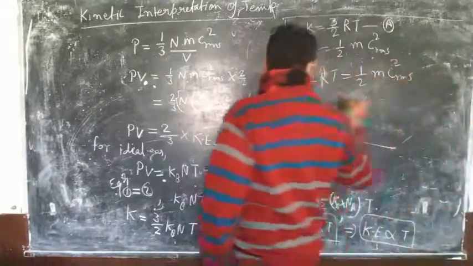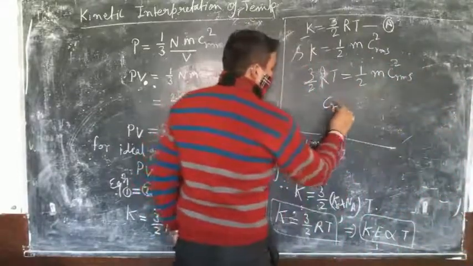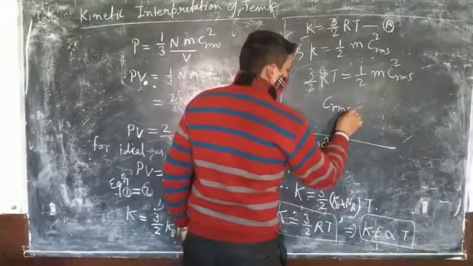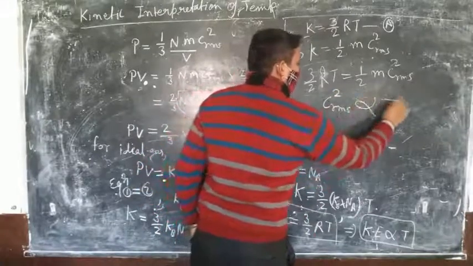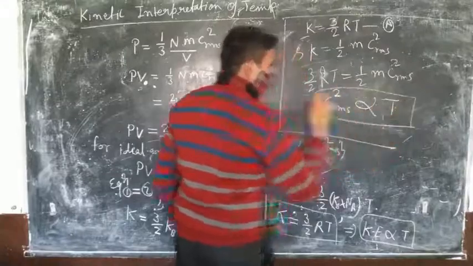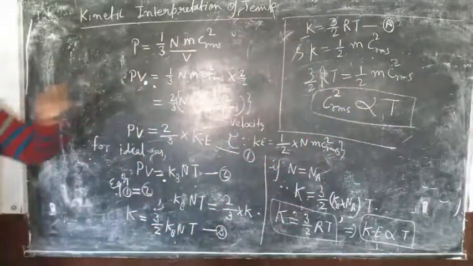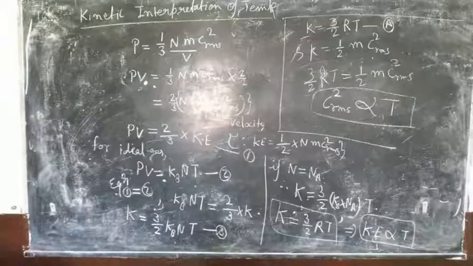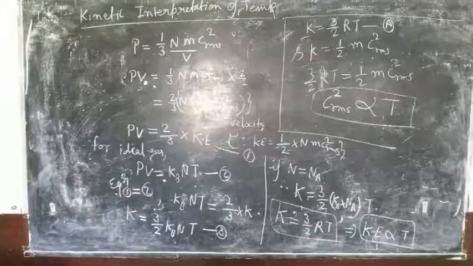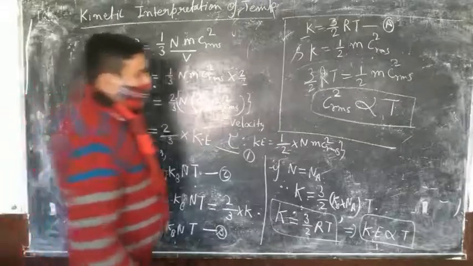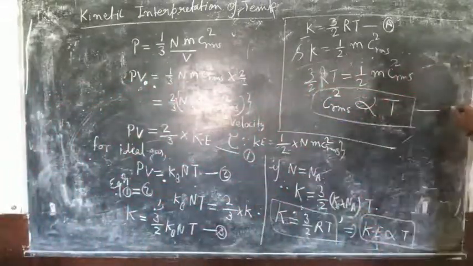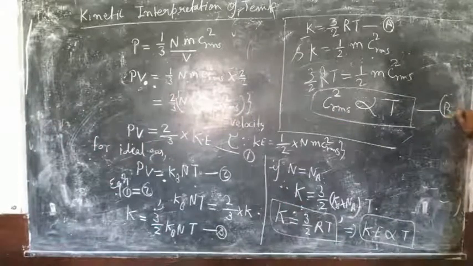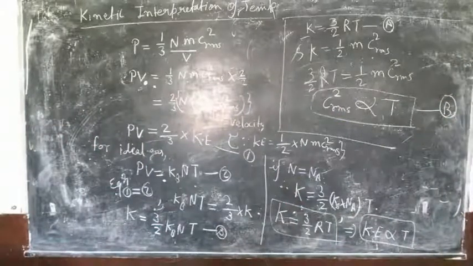So we can conclude from here that CRMS square is directly proportional to the temperature. Let's say this is equation B.